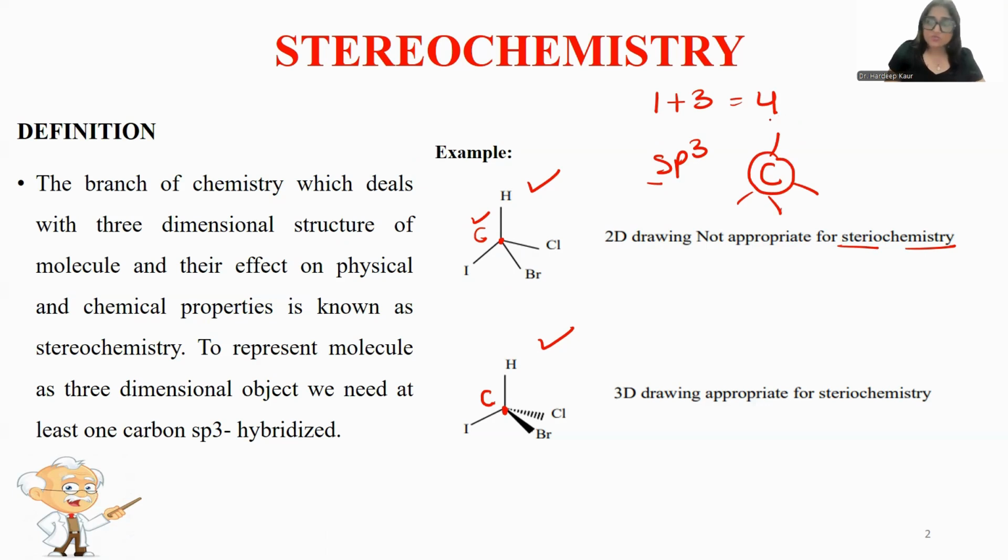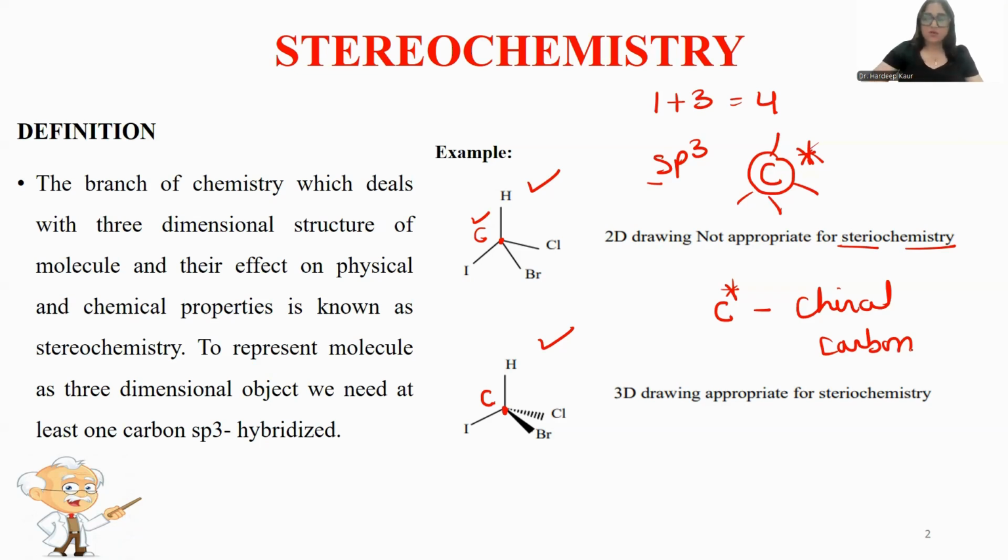If it is attached to 4 different groups, it can be represented by C star, which is called a chiral carbon. So to represent any 3-dimensional molecule, we need at least one carbon which is sp3 hybridized.